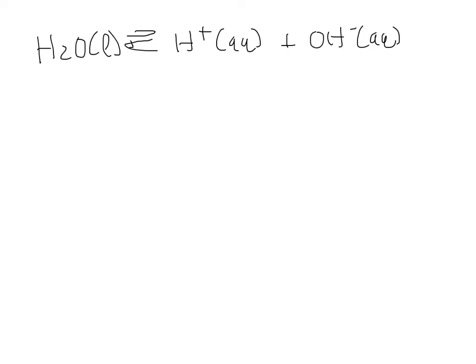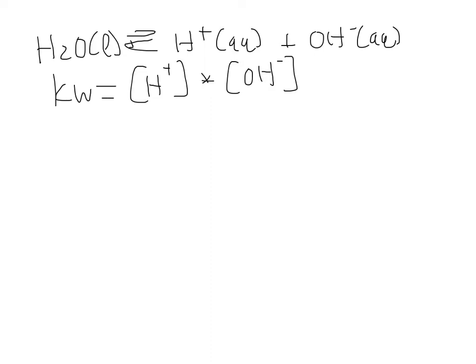Just like we did in the first test with chemical equilibrium, we've got to create the constant expression for this. So go ahead and do that. It should be Kw, which stands for constant of water, equals H plus multiplied by OH minus.